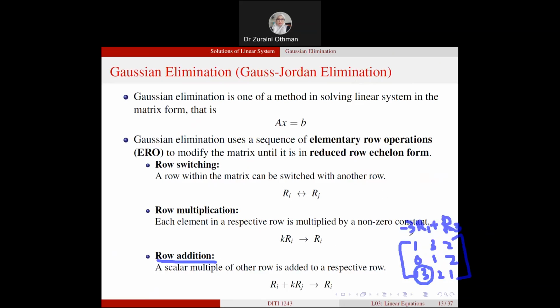Let me recap again. This is what we call row addition, to make any place the number that you want. For this case, we want the 3 in row 3 to be 0. So this is the formula for row addition. Now let's move to the next slide.